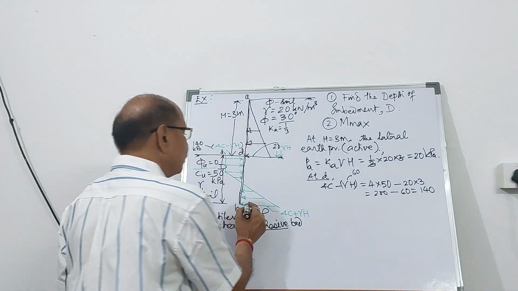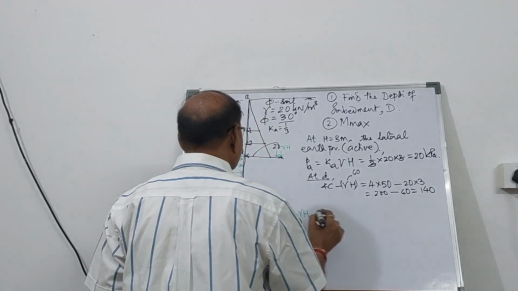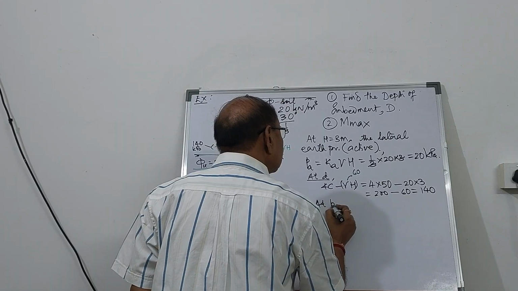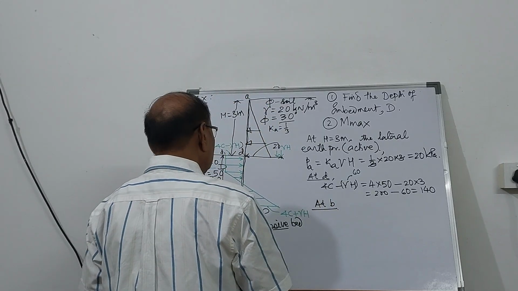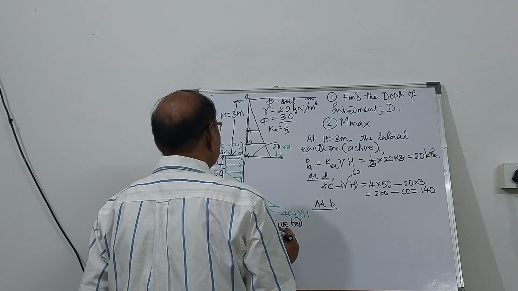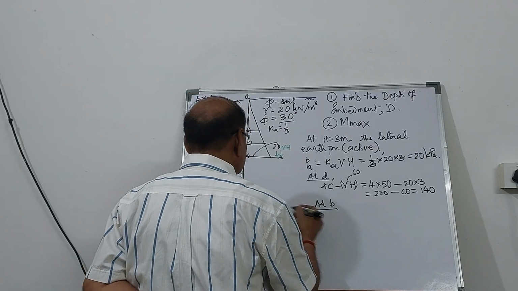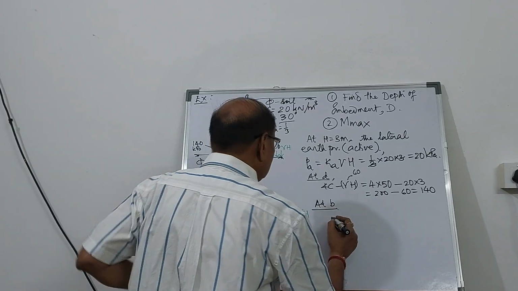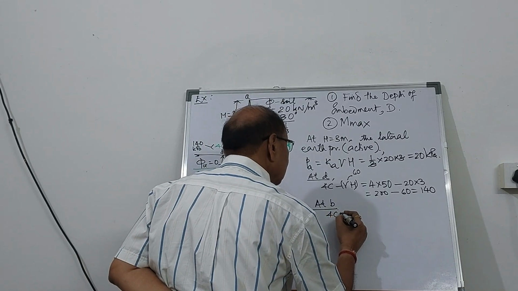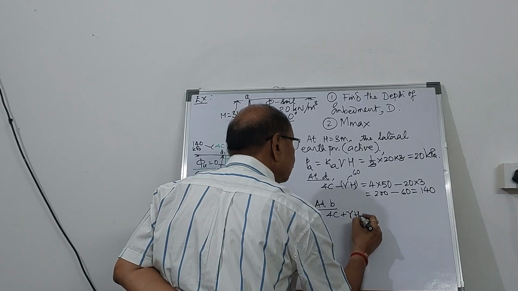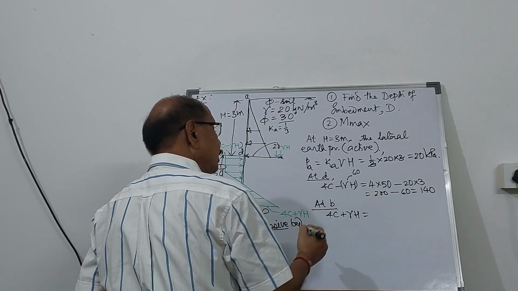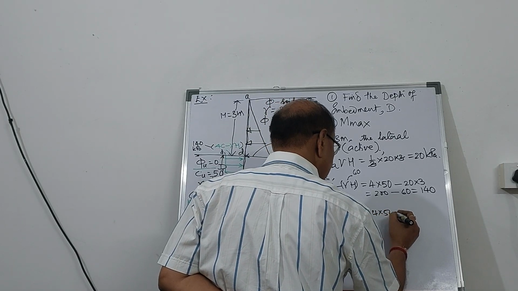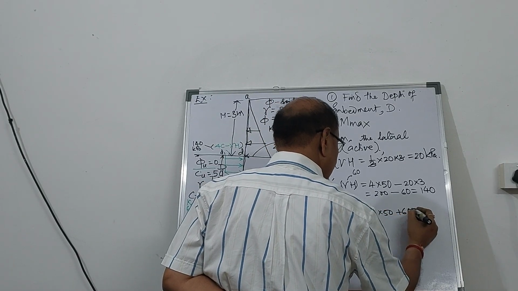And the pressure here at the bottom, that is at B, can be found out, and this pressure is going to be 4C plus gamma H. So this also you can find out. So 4 multiplied by 50 plus 60.